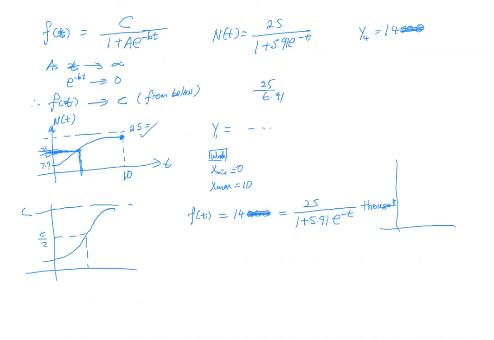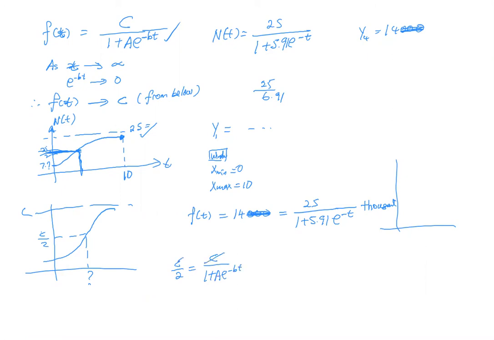Can someone tell me what this is in a general form? C over 2 equal to C over 1 plus A e to the power negative bt.